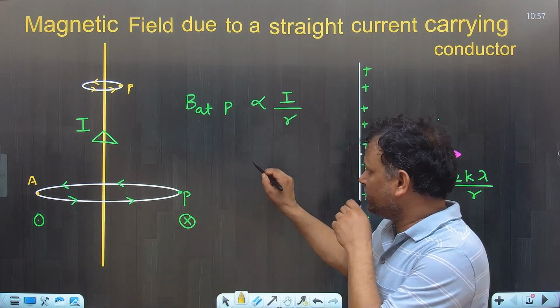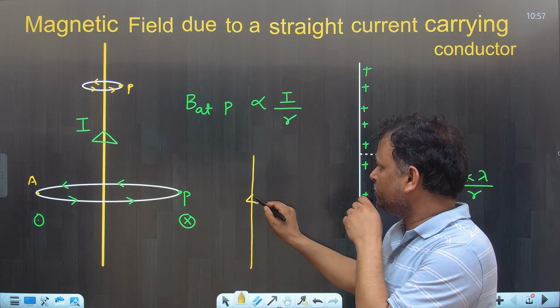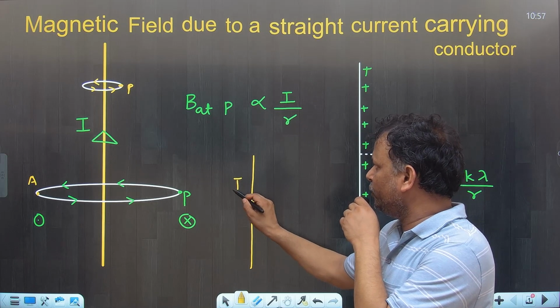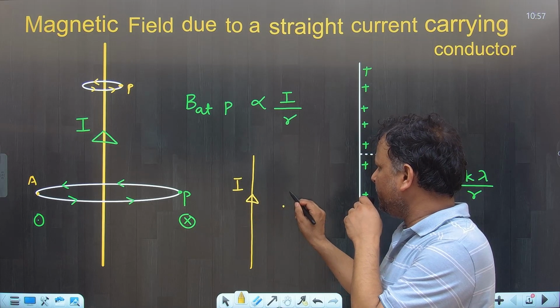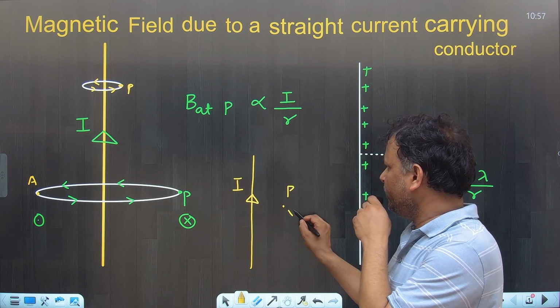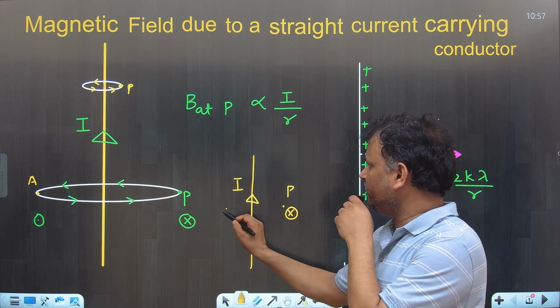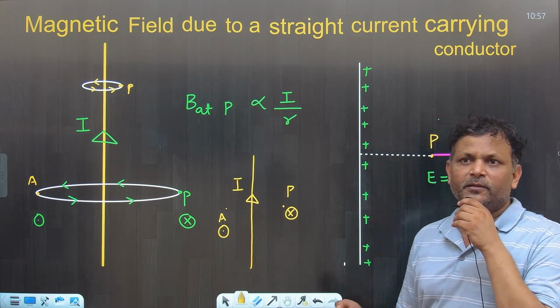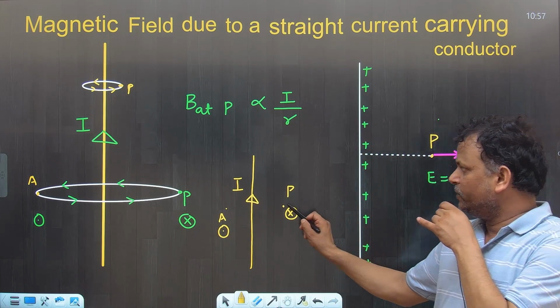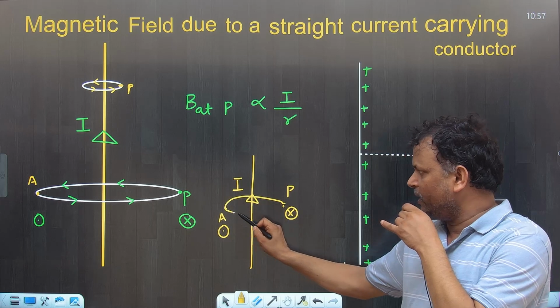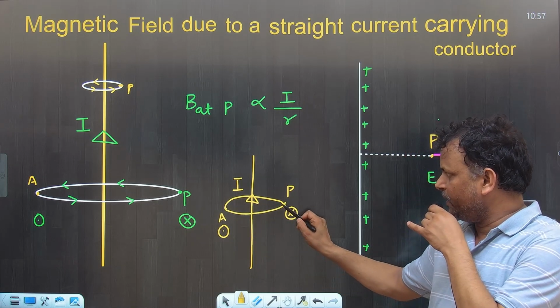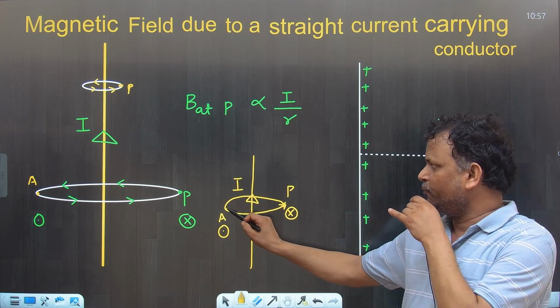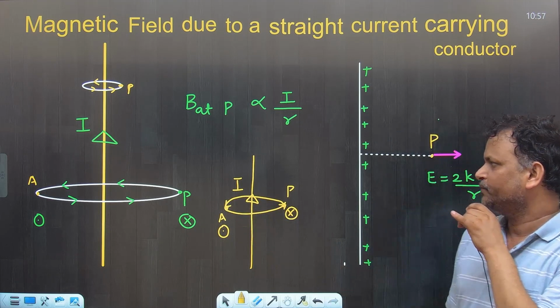So you will say that whenever current I is flowing through a wire, then at point P, the magnetic field is into the paper, and at point A, it is coming out of the paper. What does it mean? It means that there is a magnetic field line, and at point P it is going inside, and at point A it is coming out. It is the idea.